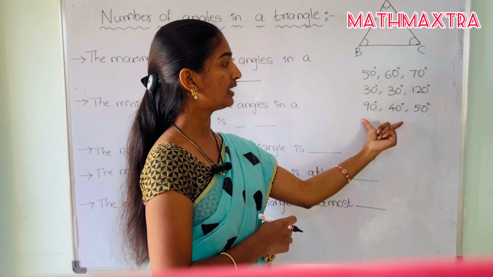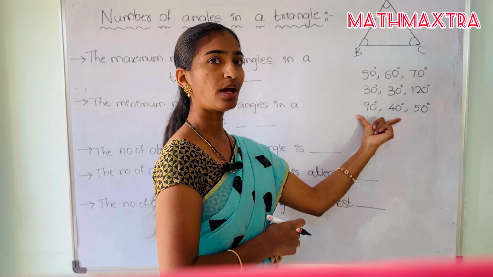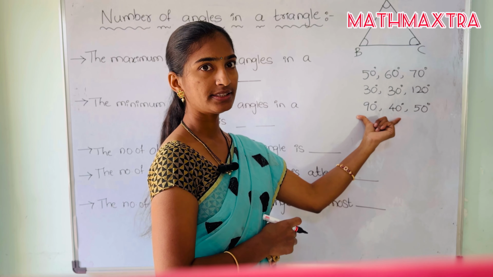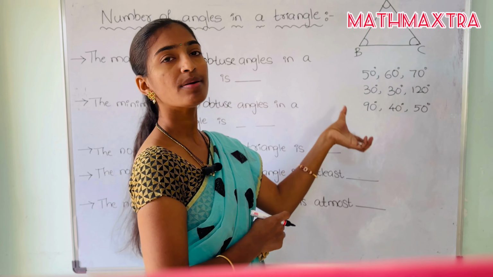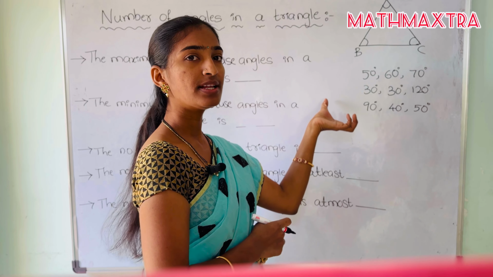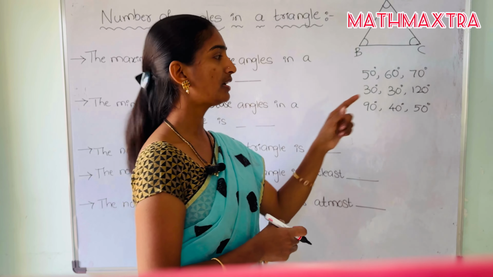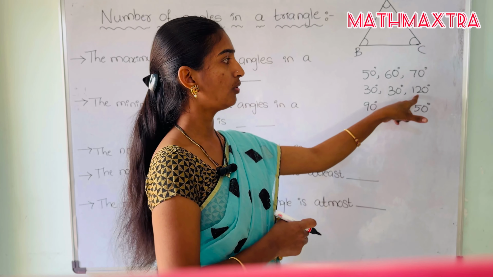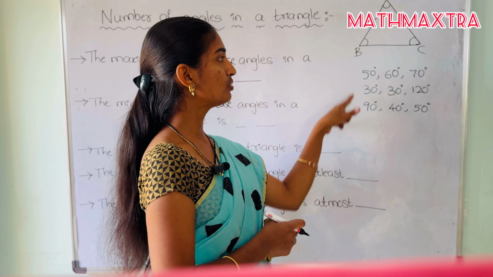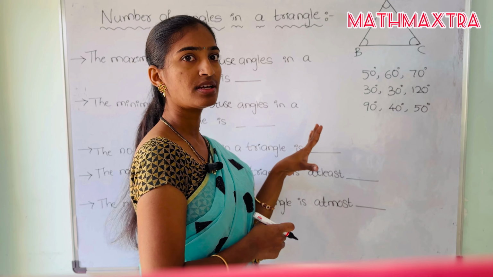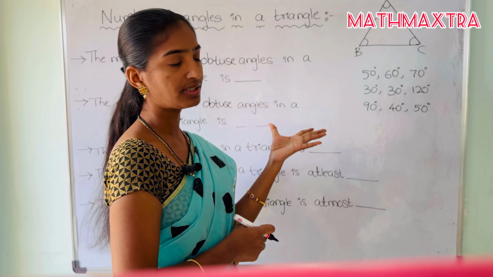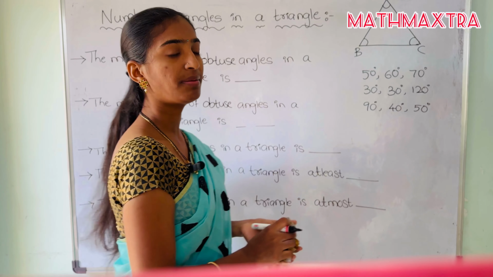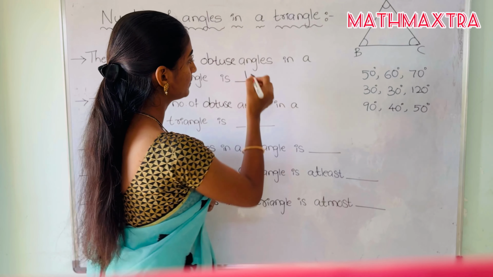See the third case, there are no obtuse angles. Yes, how many maximum obtuse angles are possible? Only 1. See the second case, only 1. In these two cases, with 0 obtuse angles also, it will sum up to 180 degrees. That is why the maximum number is 1.